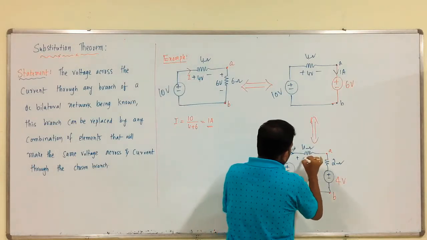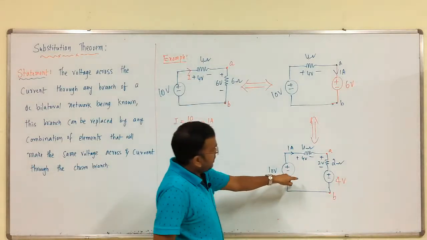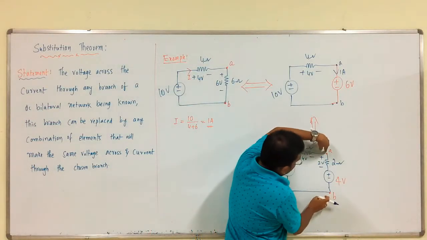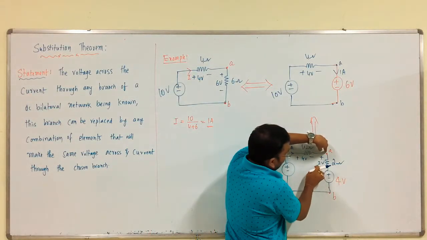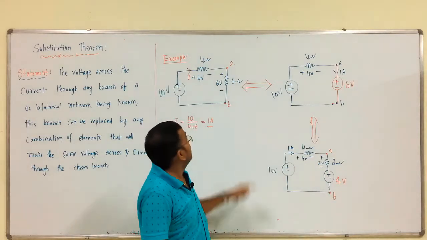This is plus minus 4, this is plus minus 2. What is the voltage across this branch? 2 volts plus 4 volts, 6 volts, right.